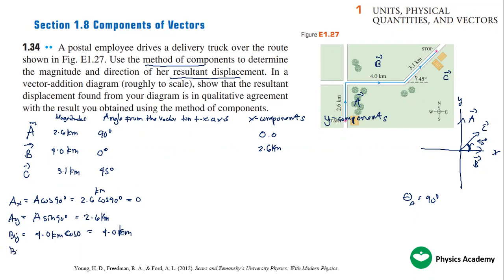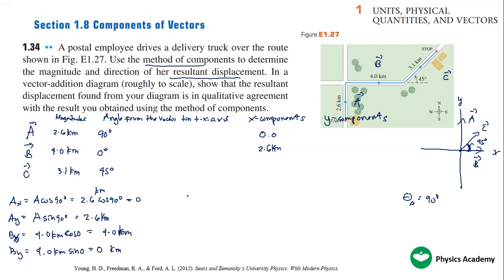For By, we have 4.0 kilometers sine of 0, which is 0 because sine of 0 is 0. It has no y component; B only lies on the x-axis, 0 kilometers.